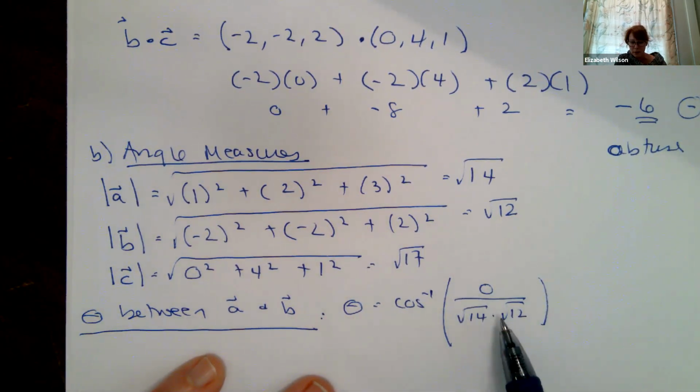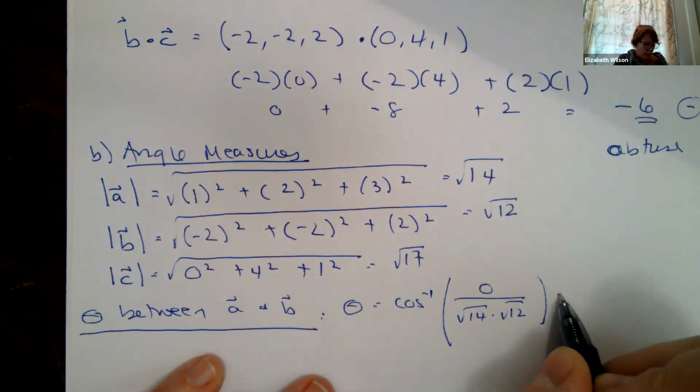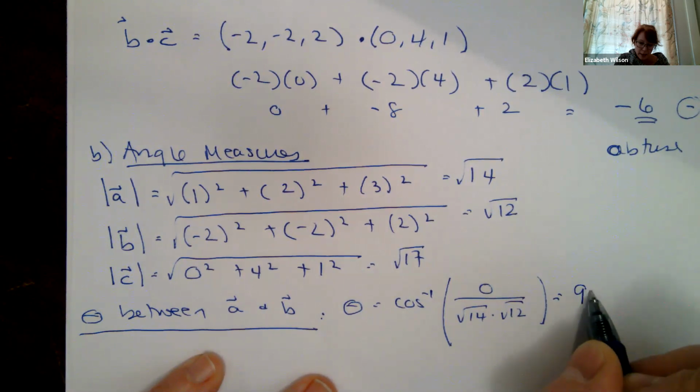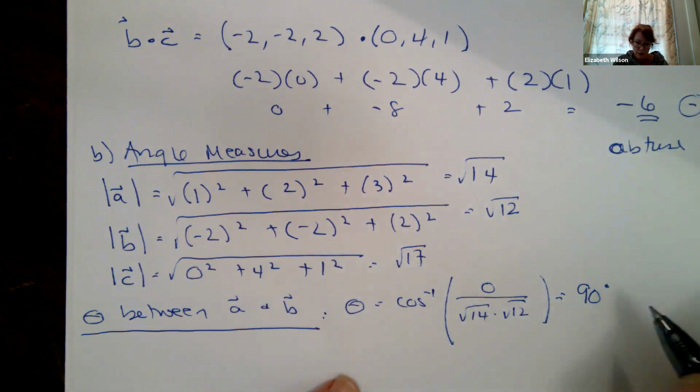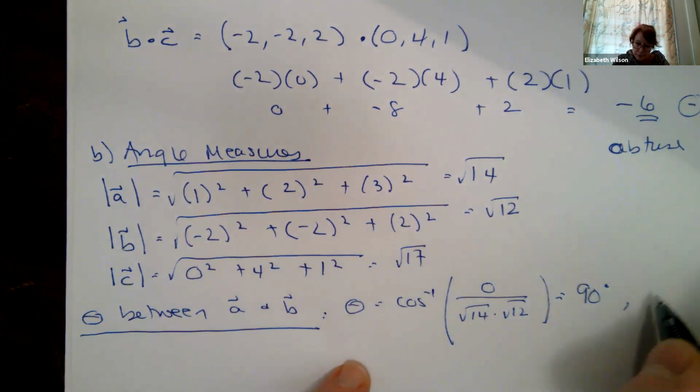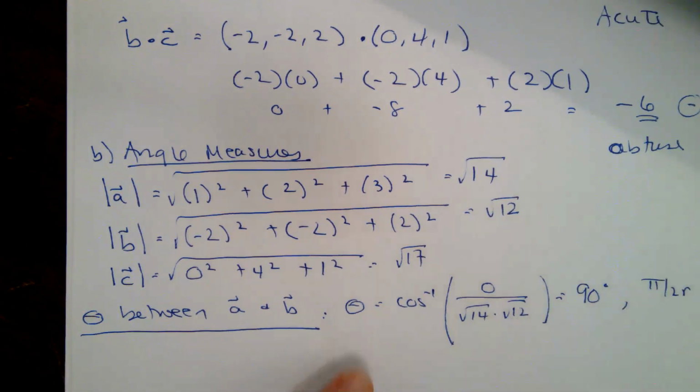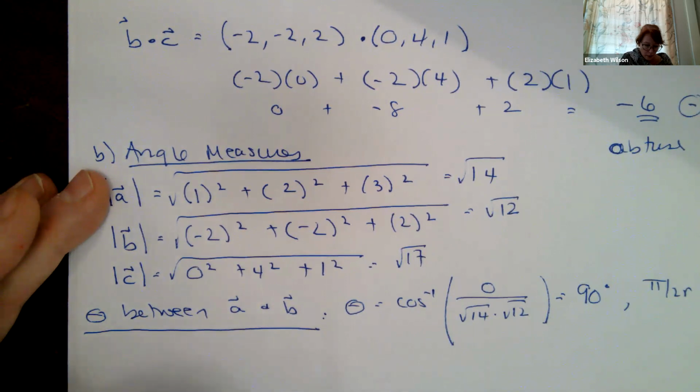We know this whole thing is going to be 0 in here, but I'm putting in the values so you can see what I'm going to get. I get 90 degrees. Give me your answers in degrees or radians, either way is fine, just tell me what you're doing. So this is pi over 2 radians. I'll accept both as an answer, but I need the units.